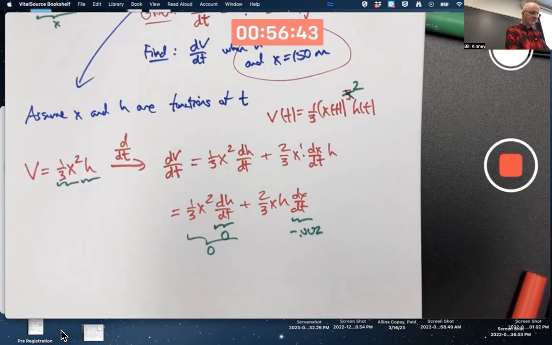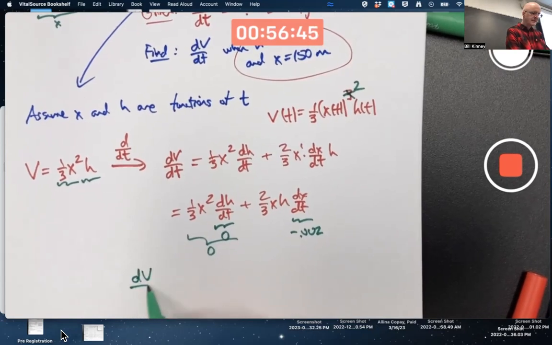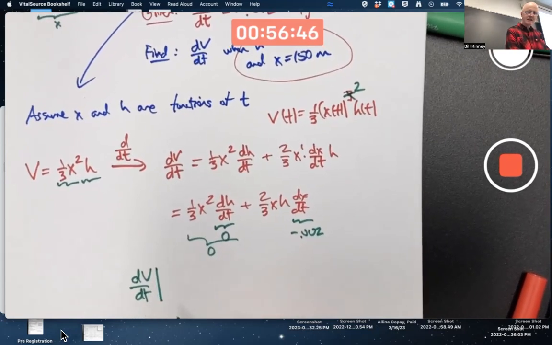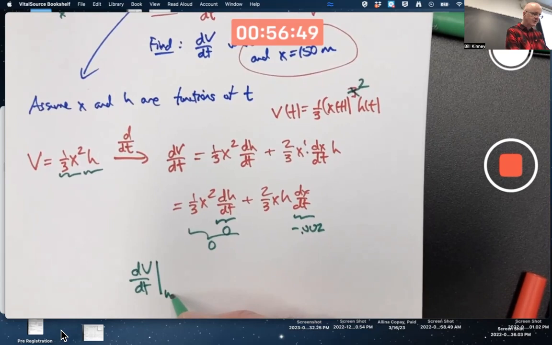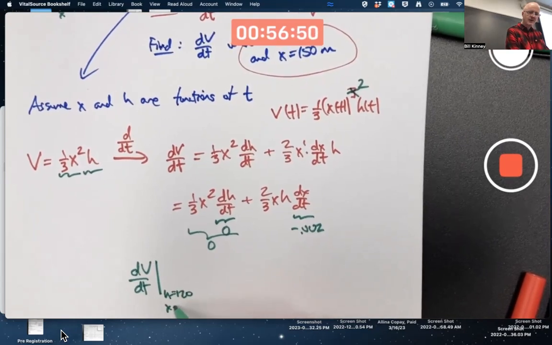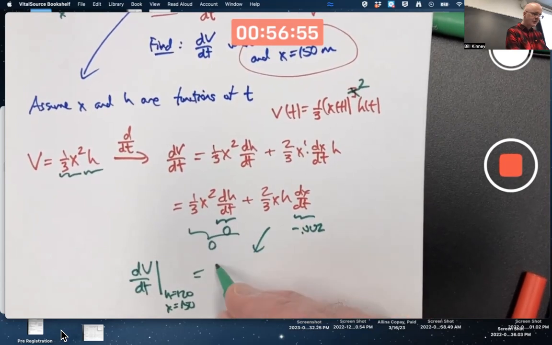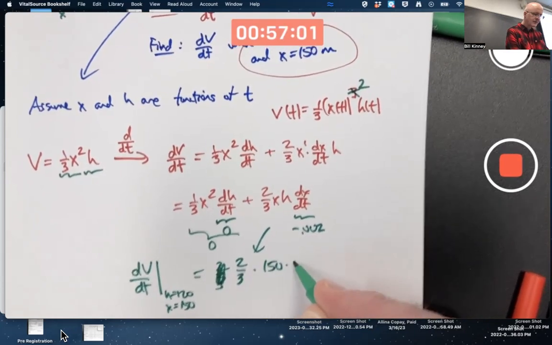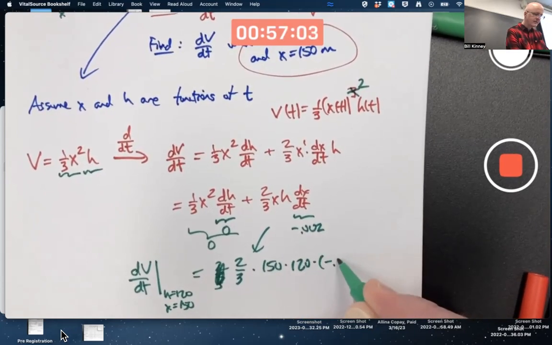Now you plug in the other numbers, dv/dt, evaluated at the condition where h is 120 and x is 150. I get 2/3 times 150 times 120 times negative 0.002.